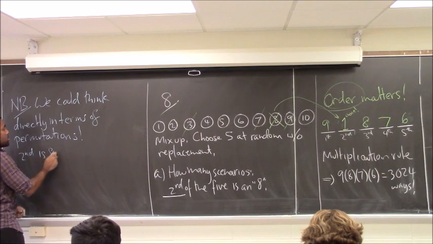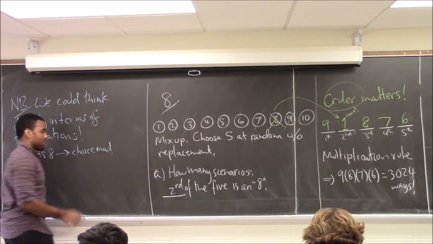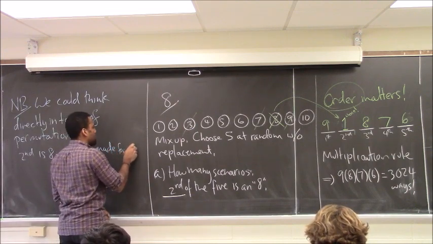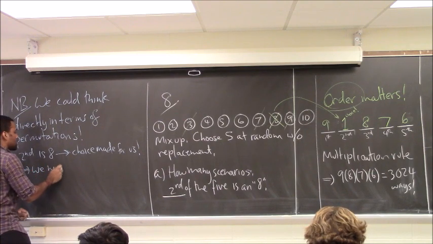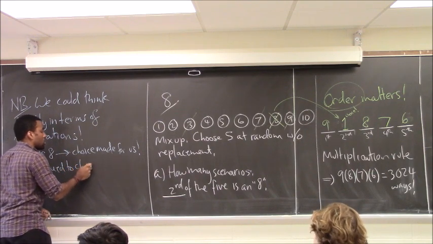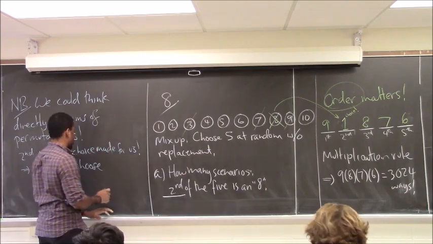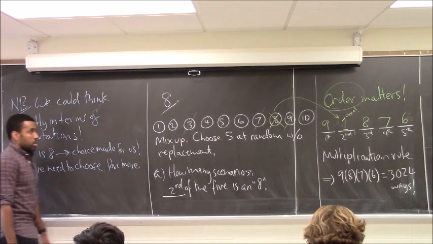Second is 8. Choice made for us. So this means we need to choose how many? Ultimately, we need to choose 4 more because it's a total. We have to choose 5. Right?